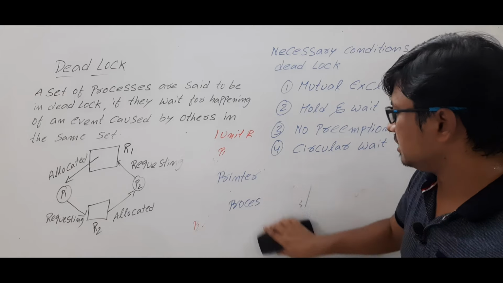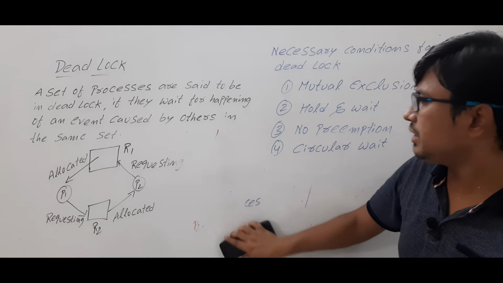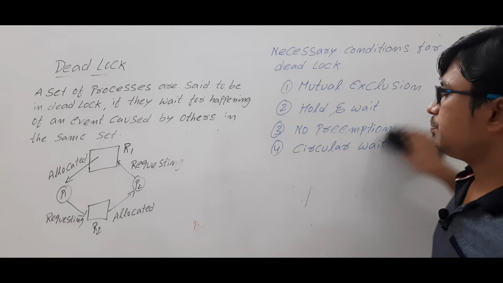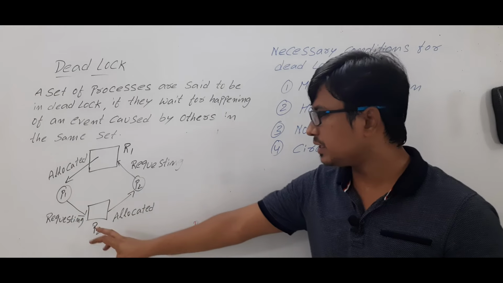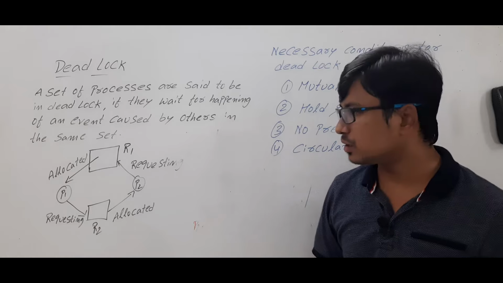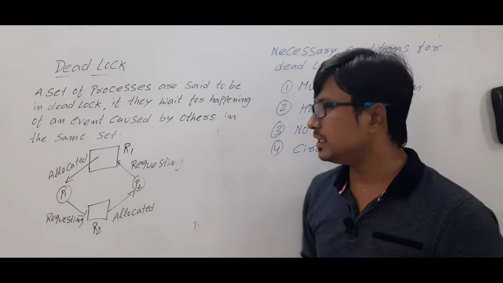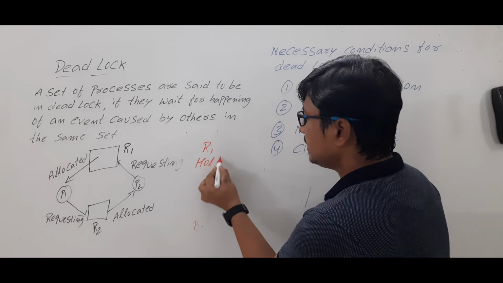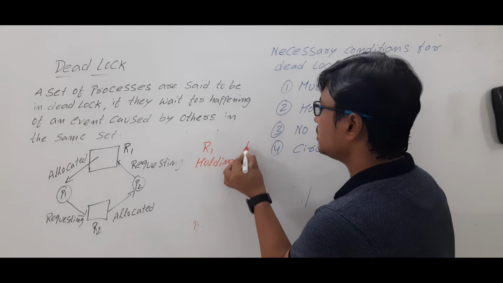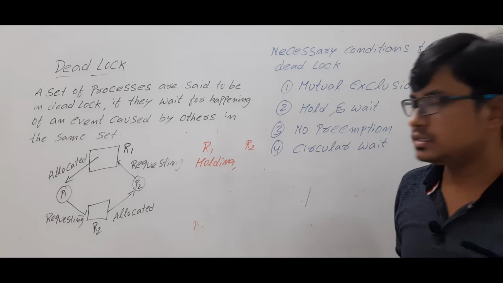Hold and wait is nothing but, look here. Process P1 has the resource R1 and it is waiting for the resource R2. It is holding the resource R1 and waiting for the resource R2. Is it clear?